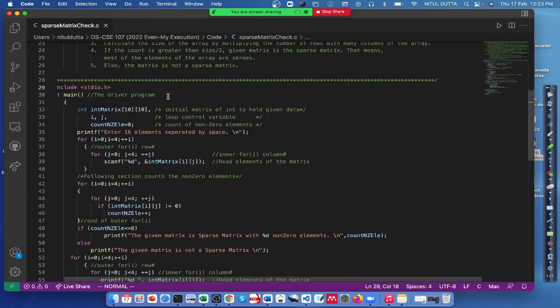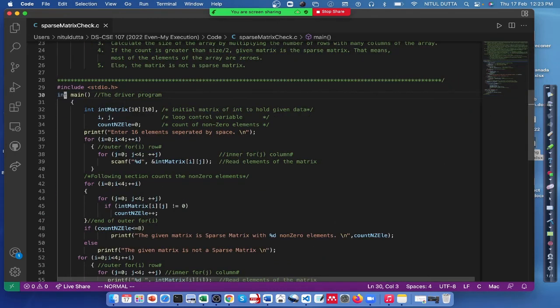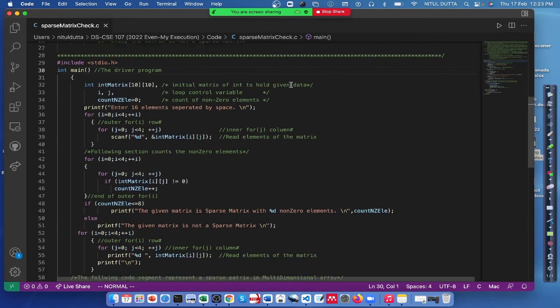First, this is the main program. In this main program, there is one matrix defined. The name of the matrix I have given as matrix, an integer matrix of 10 by 10. I'm considering a 10 by 10 matrix. However, I'm reading only 4 elements in a row, 4 rows and 4 columns, 4 by 4.